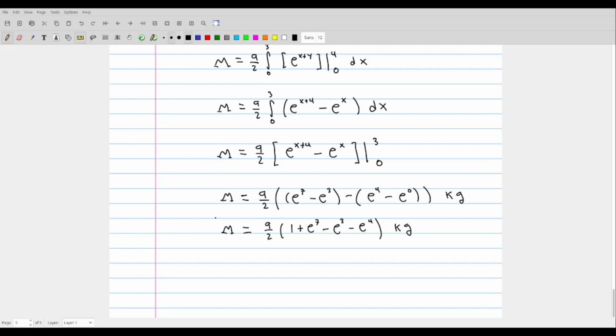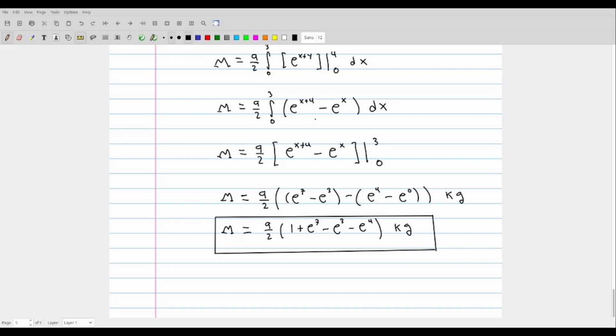So there you have it. This is how we directly compute using this formula for the total mass. You just take your density function and take the triple integral of it, and that will give you the total mass contained in your three-dimensional region. So this is the mass of that bar that we showed earlier.